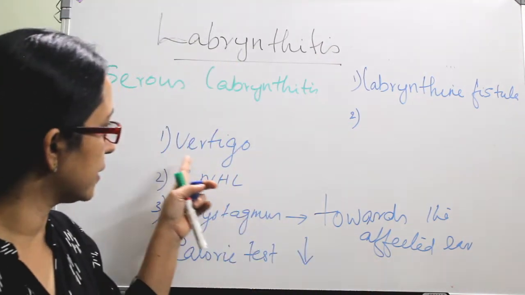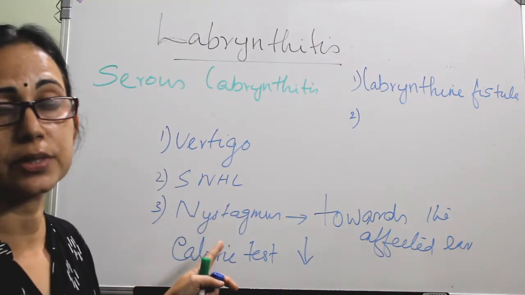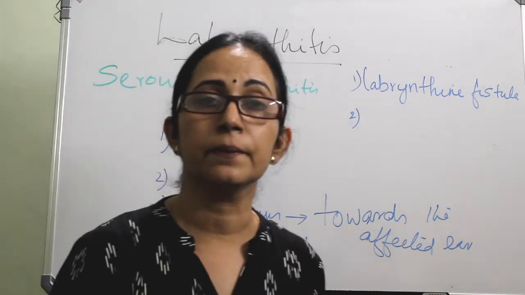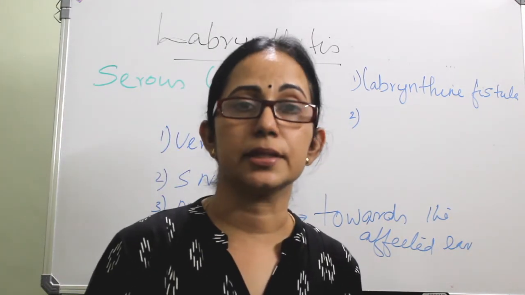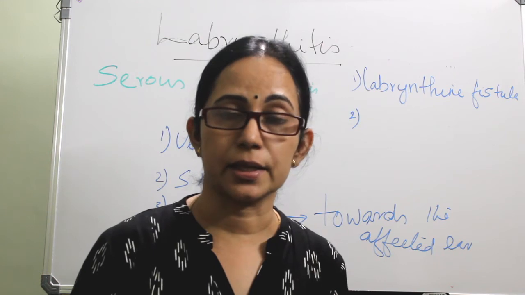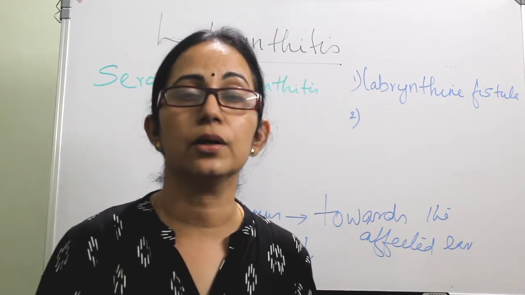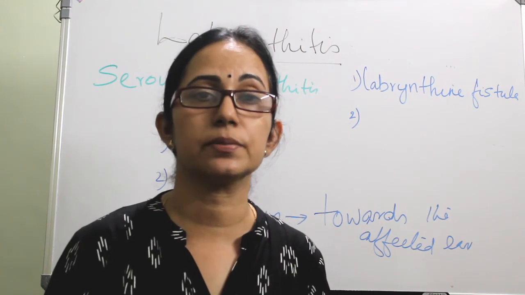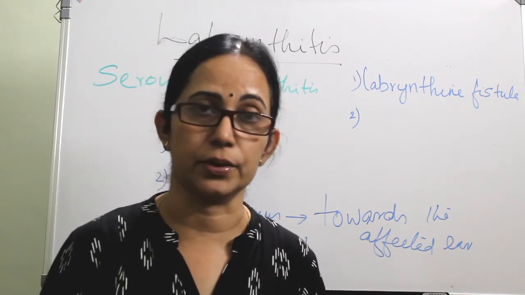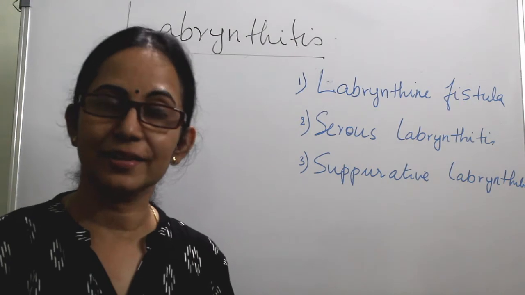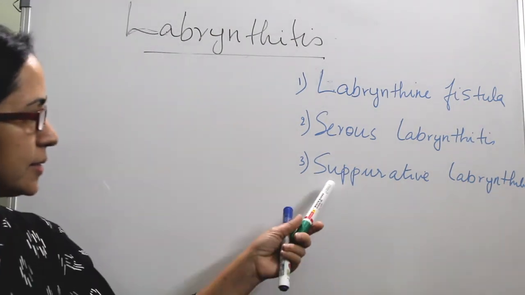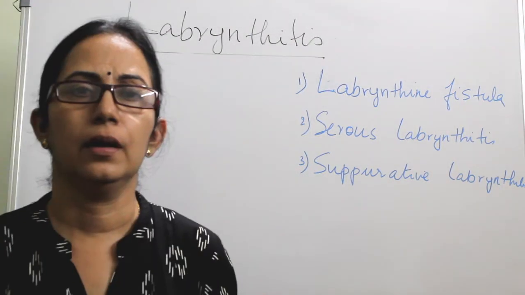The vertigo, sensorineural hearing loss and nystagmus are reversible with timely treatment. Whether it is an ASOM, go for a wide myringotomy, or if it is a chronic otitis media, go for a modified radical mastoidectomy, and medicines are important.